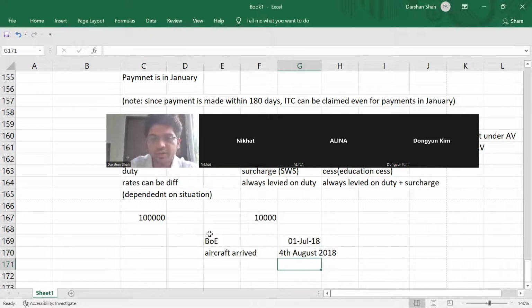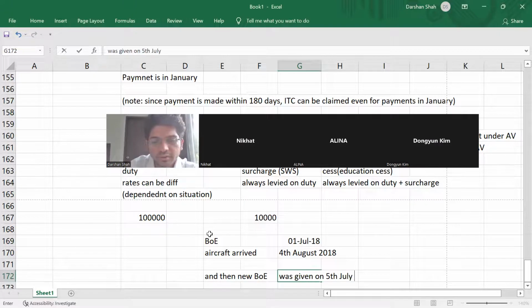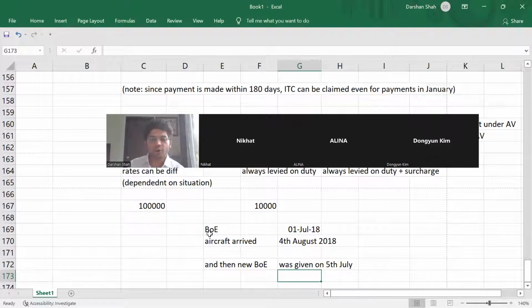And then a new bill of entry was given again on 5th July. Which date of bill of entry will we take, old date or new date? New date, right?